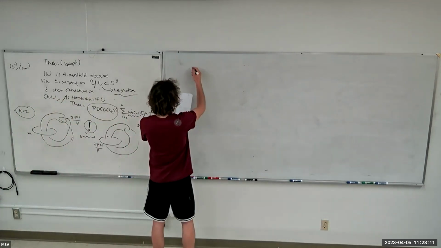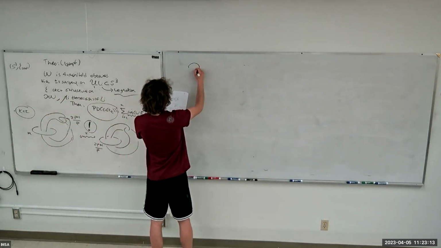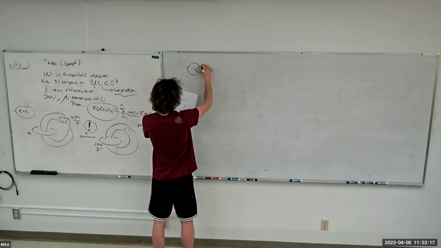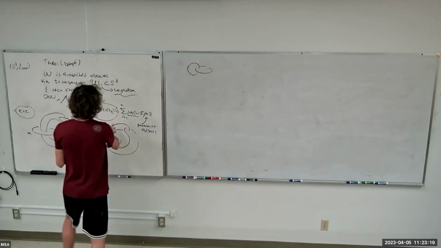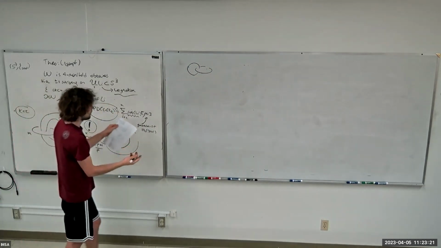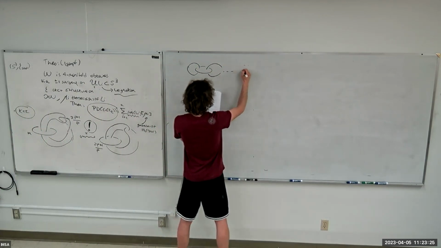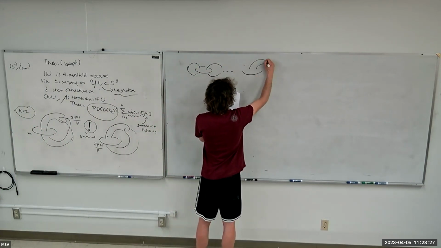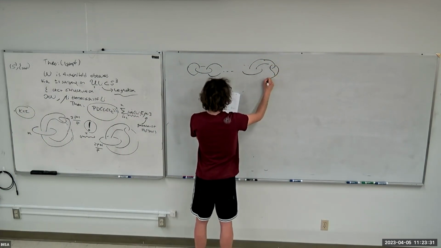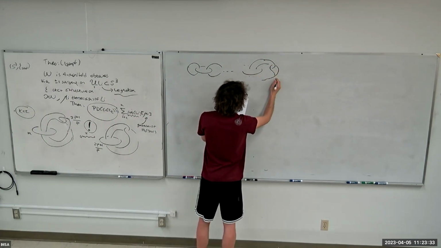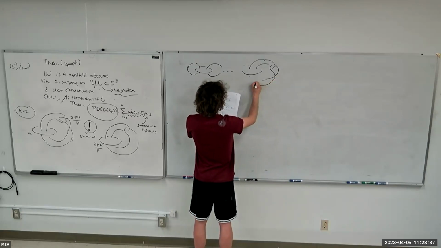So this is the first one, and I will now compute this object here, depending on the stabilization choice. So it was this, and this guy goes here. Wait. No, let's go right.